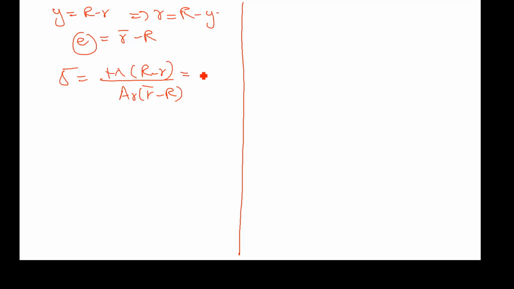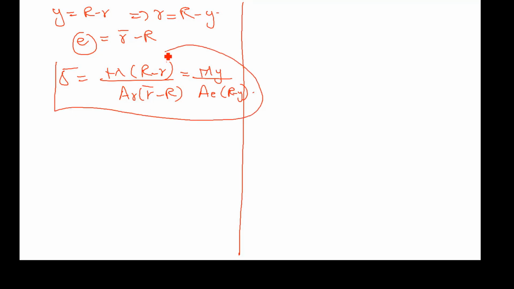So this formula becomes equal to M into y divided by A into e into (r̄ minus y). This is another general form of the formula for the stress that can be calculated for a particular kind of curved beam.